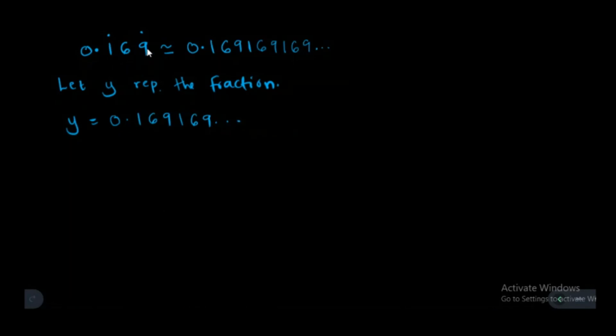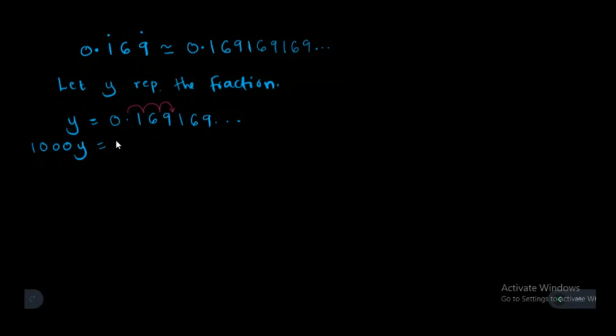So because we have 3 digits that are recurring in this case, we're going to multiply the number by 1000. So if you multiply y times 1000, it will give you 1000y is equal to, now the 1000 will make the decimal place move 3 steps to your right. So 1, 2, 3.